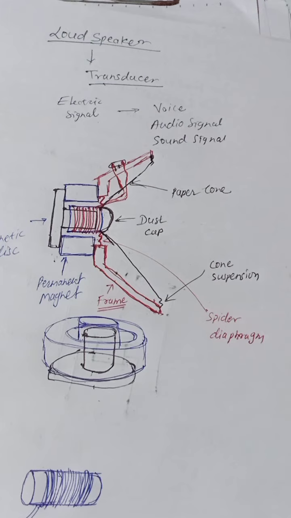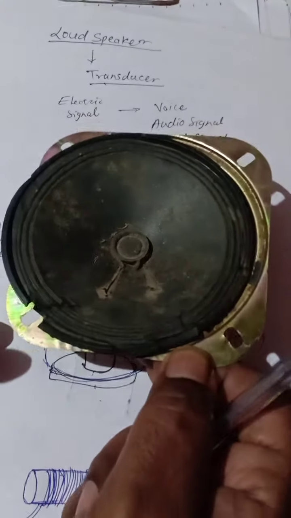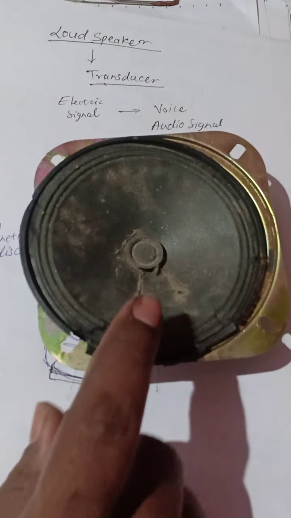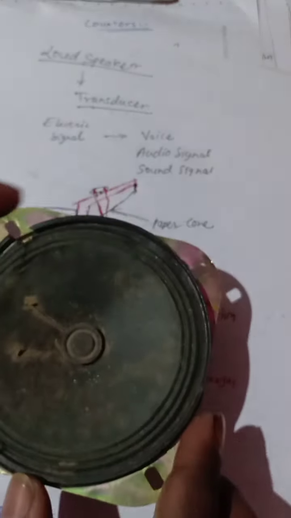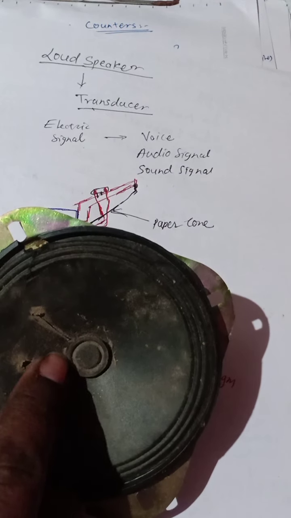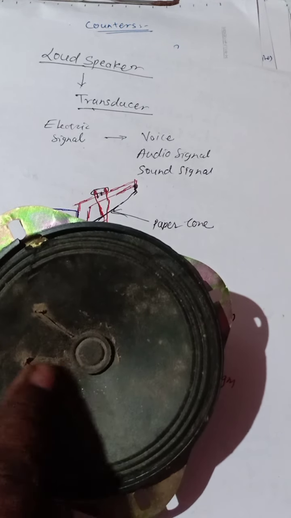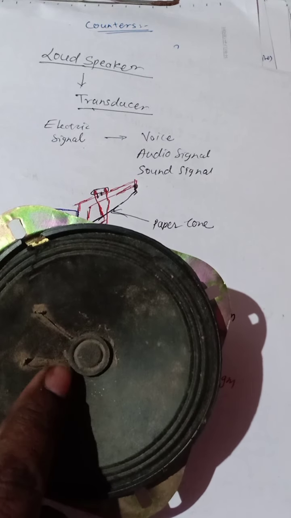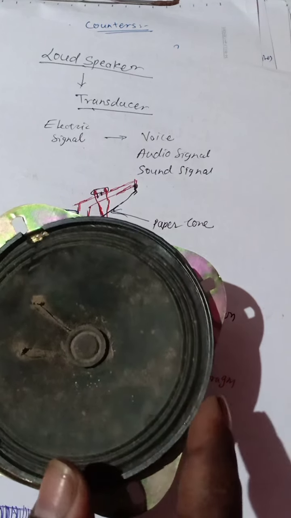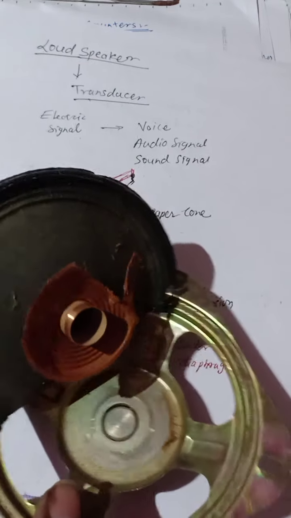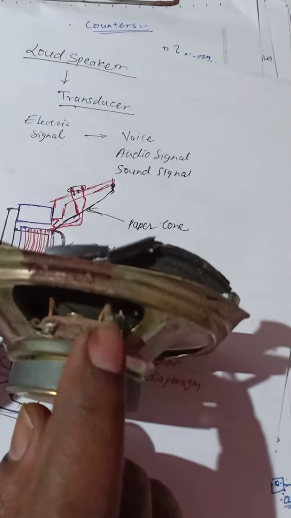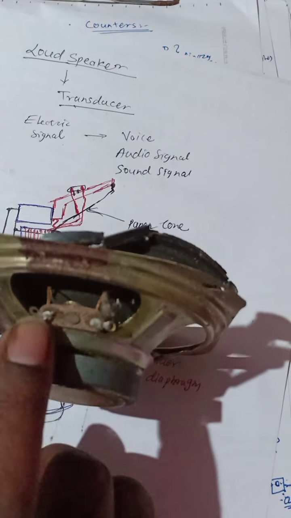Now let us see the same structure in the actual speaker. So this is the actual speaker, and this is the diaphragm. As I explained, these connections you are seeing here are nothing but the coil's two terminals, which are put back through this cone. This is a cone, and the coil connection is soldered at this point.